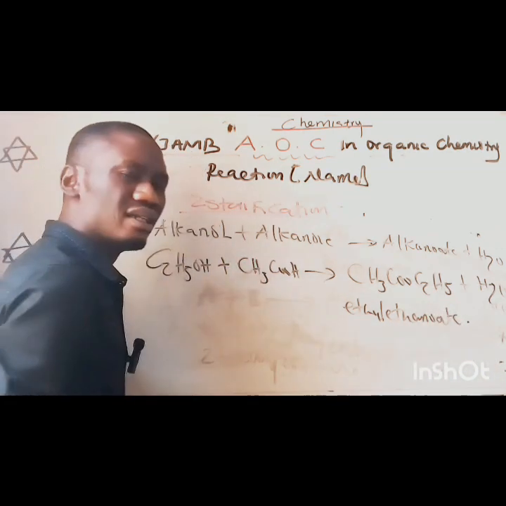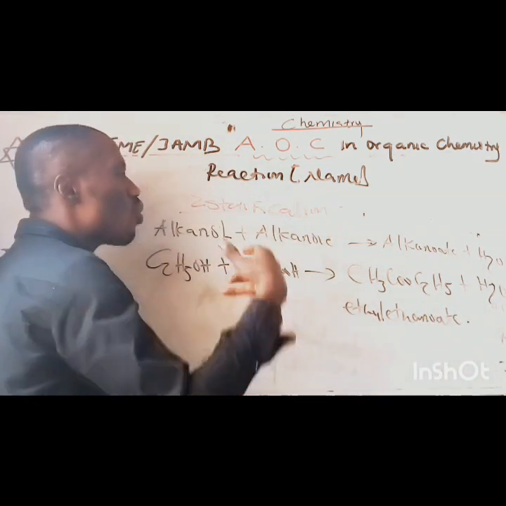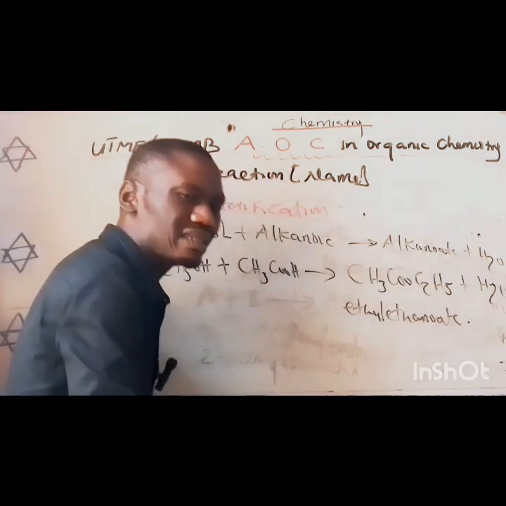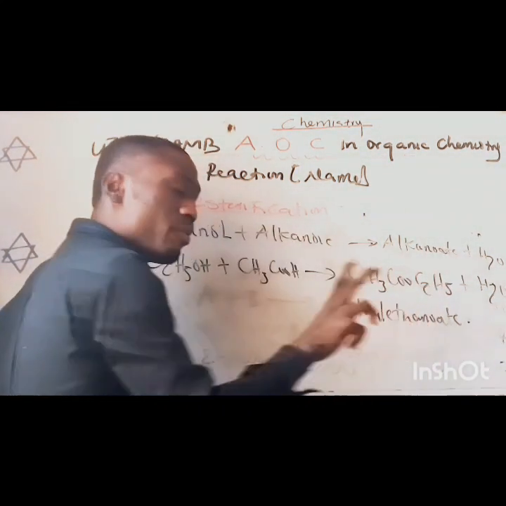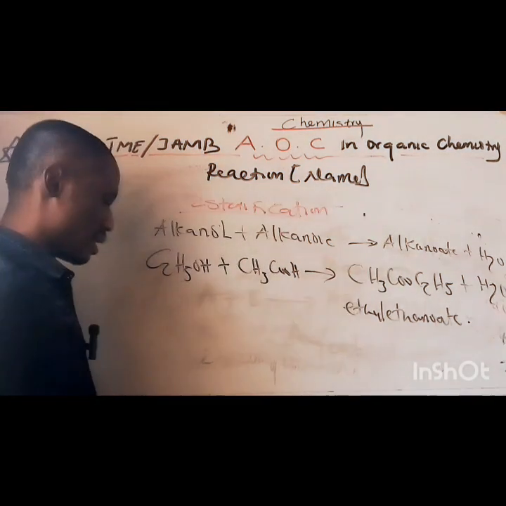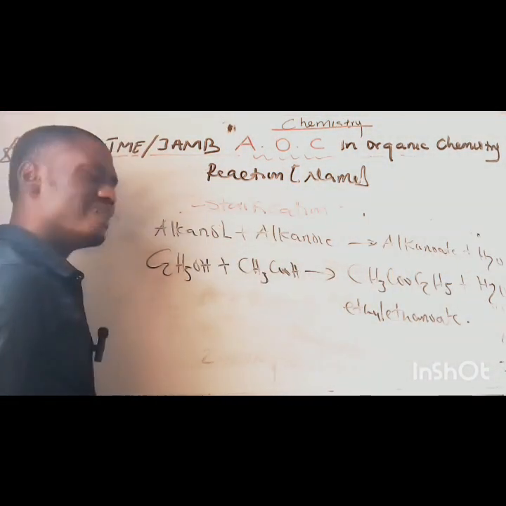So this is an ethyl ethanoate. But what is the reagent that promulgates the reaction and makes for the formation of alkanoate? What's the reagent? I'm waiting for you. H2SO4.